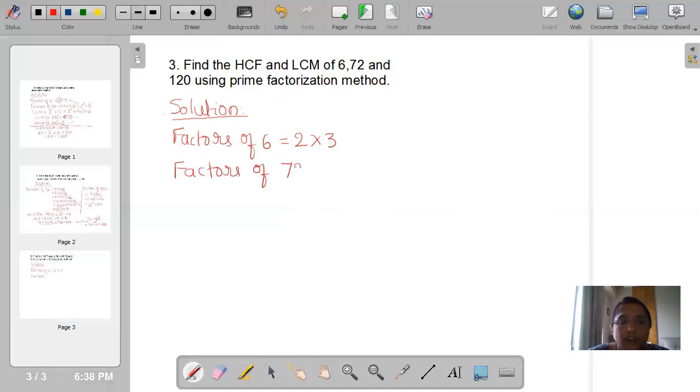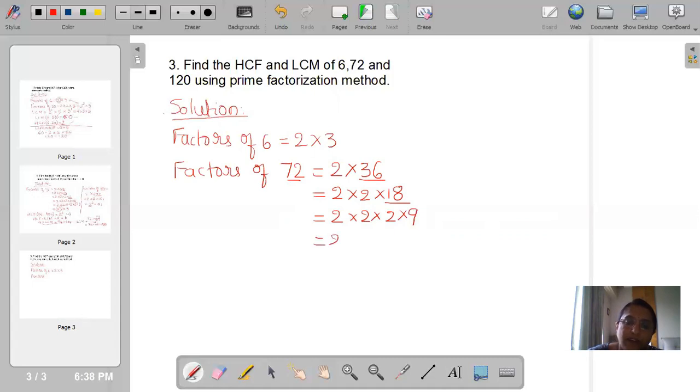Factors of 72 is equal to, you can pause the video and solve on your own, then compare your answers. 2 into 36, again take factors. 2 into 2 into 18. 2 into 2 into 2 into 9.